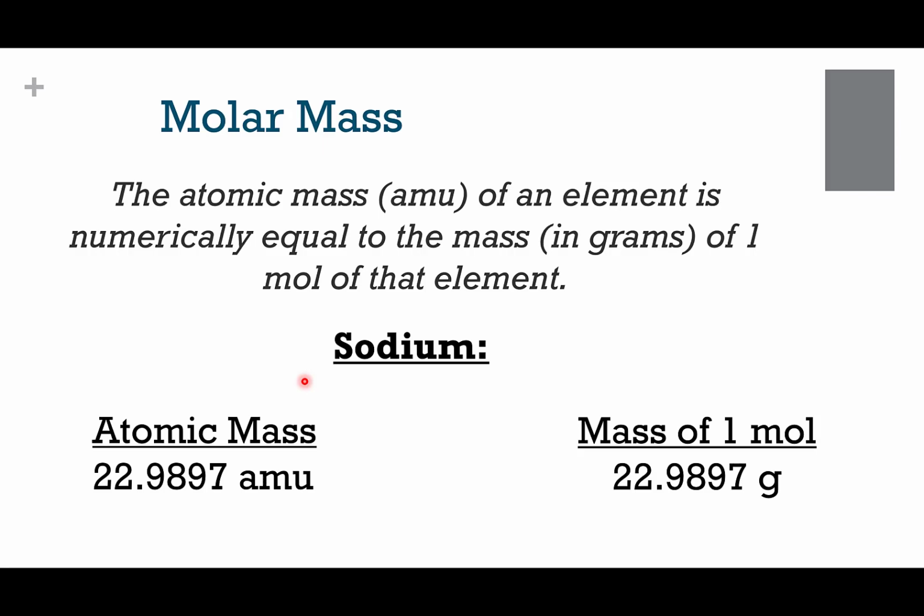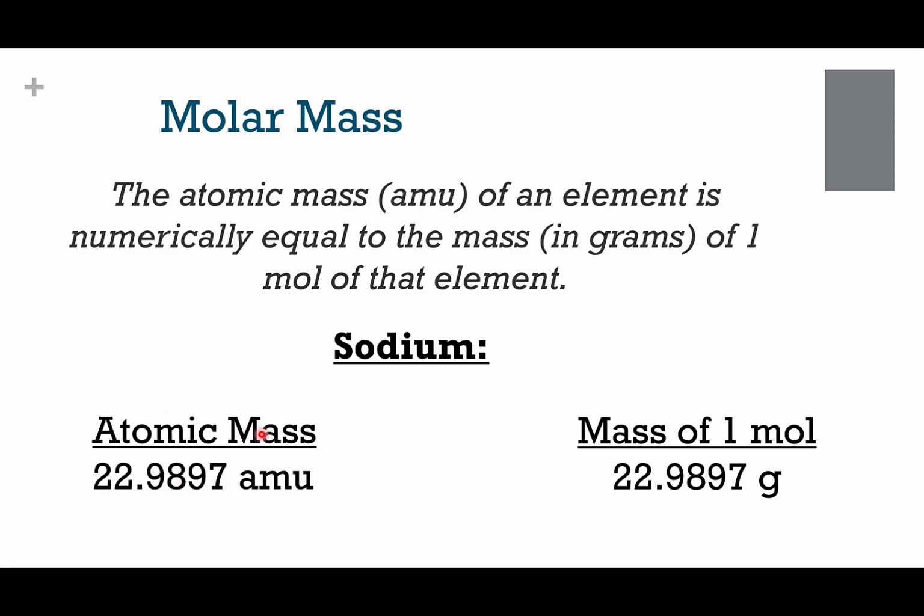What this is saying is that if I walk over to the scale in the lab and weigh out 22.9897 grams, where did I get that random 22.9897 grams? Well, that's the atomic mass of sodium. I looked at the periodic table, little number on the bottom, said 22.9897.